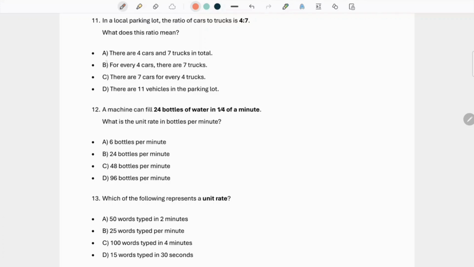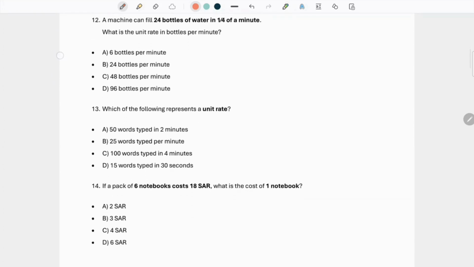So the answer is B, because what it means is that it's showing the relationship between the cars and the trucks. For every 4 cars, there's 7 trucks, because this ratio could have been scaled down. So we can't just say there's 11 vehicles in total, because it could have been scaled down. But what it's trying to show you is the relationship between the cars and the trucks.